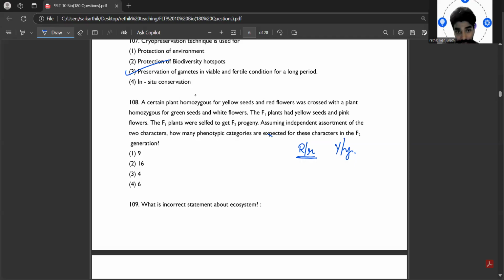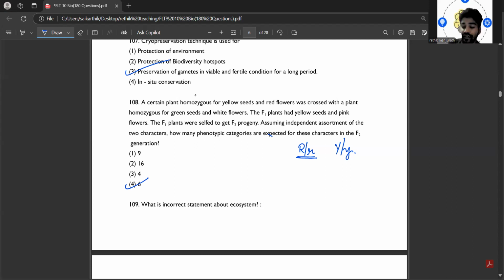The question is, if the F1 plant was selfed to get the F2 progeny, what will be the answer? Assuming independent assortment of the two characters. Do you remember independent assortment? So the answer would be 6. When the F1 plant is selfed, you will get yellow seed, pink flower, correct?